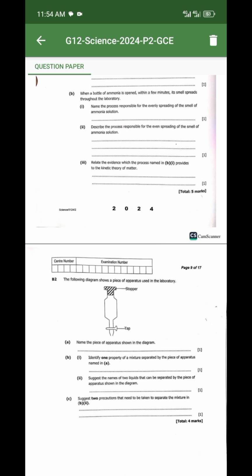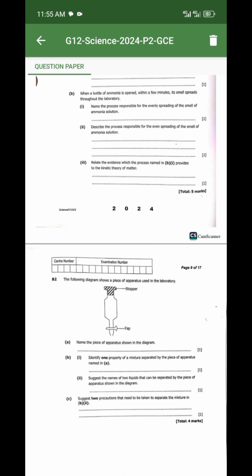Then the last question: suggest two precautions that need to be taken to separate the mixture in B2, so to separate oil and water. The stopper must be fixed properly to prevent impurities from entering the mixture.